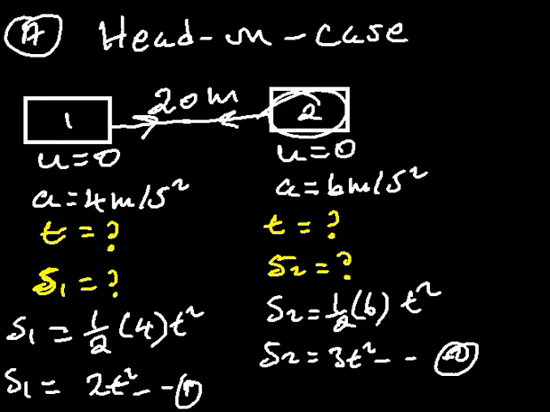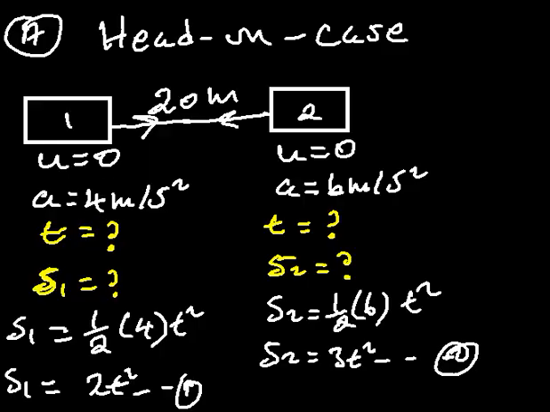Actually, these two objects have to share 20 meters. As you can see here, this object, since it has the large acceleration, moves fast and will cover more distance than this object.